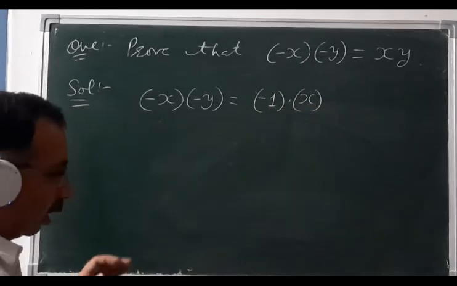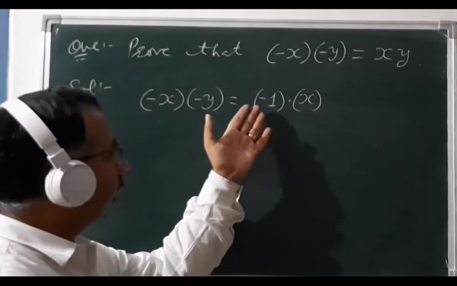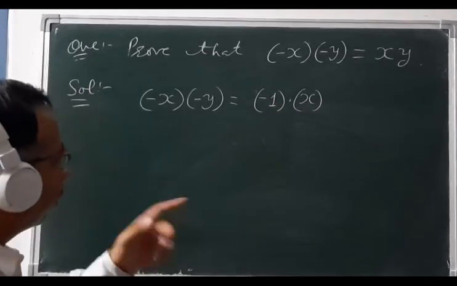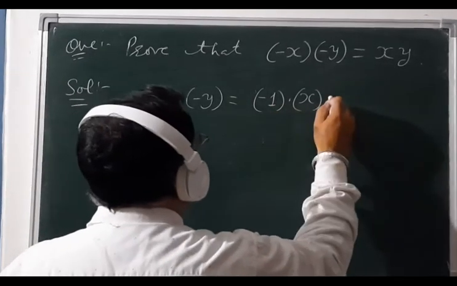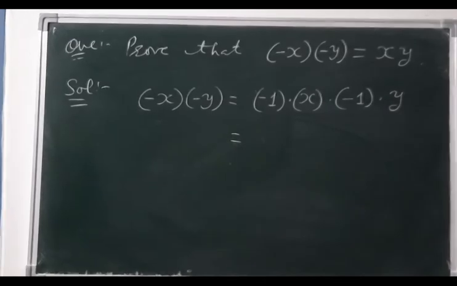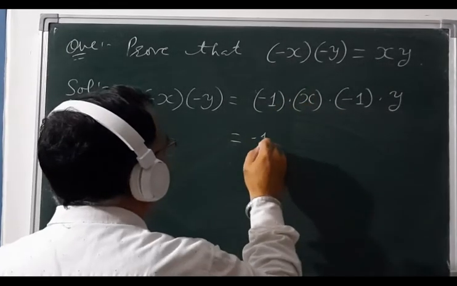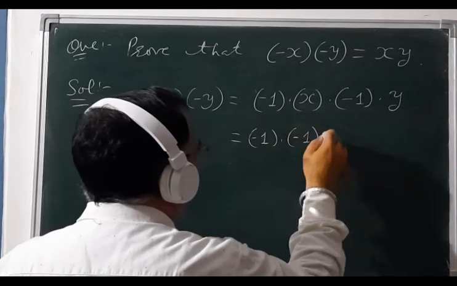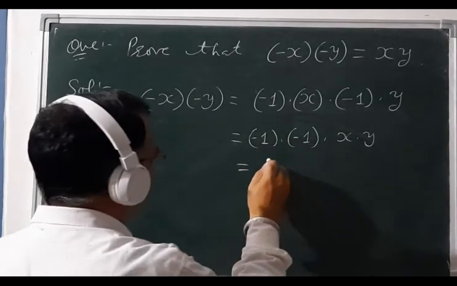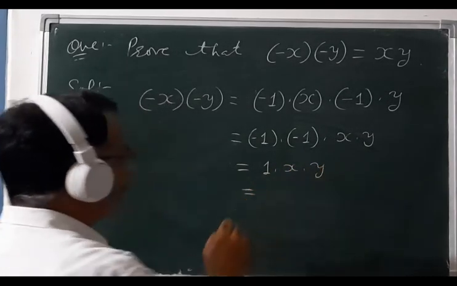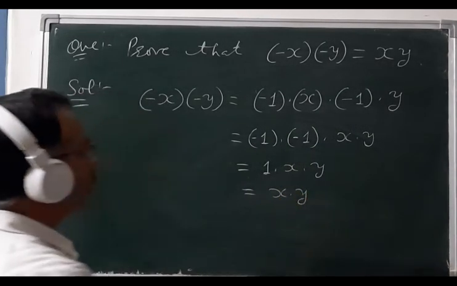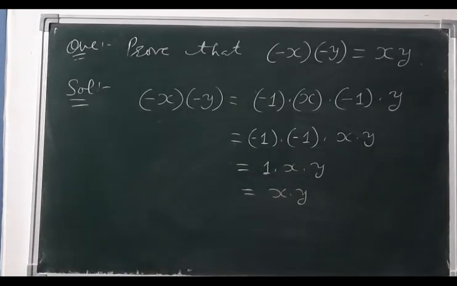This I have proved: when I multiply the additive inverse of the identity to any real number x, we shall get the additive inverse of x, into minus 1 times y. Now since this product is commutative, we can bring this minus 1 here. So minus 1 into minus 1 times x into y. So we have already seen that minus 1 into minus 1 is 1. So this is 1 into x into y. But 1 is the multiplicative identity. So this is x into y. So we have proved what we wanted to prove.